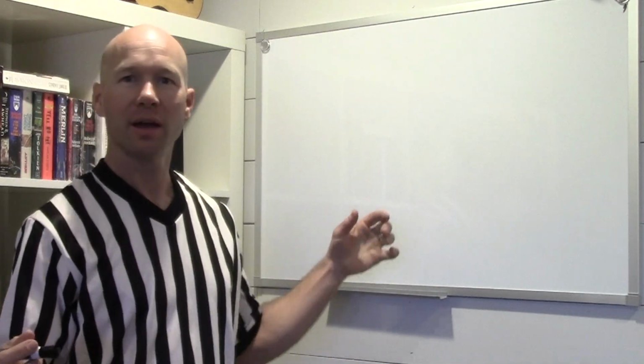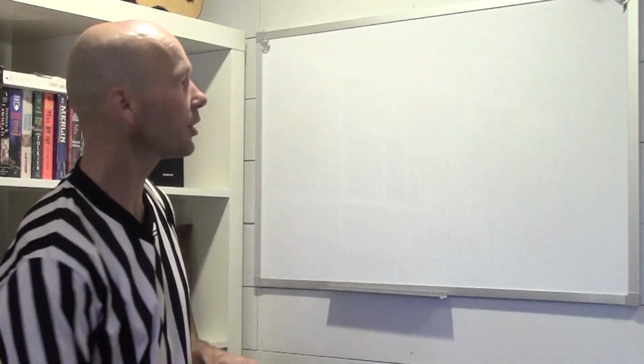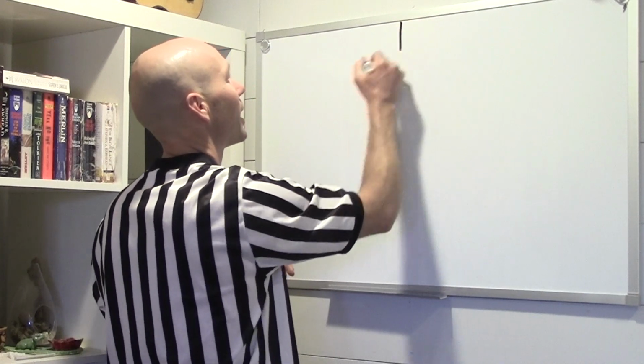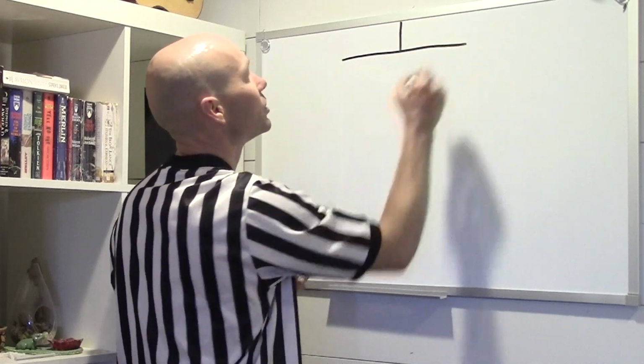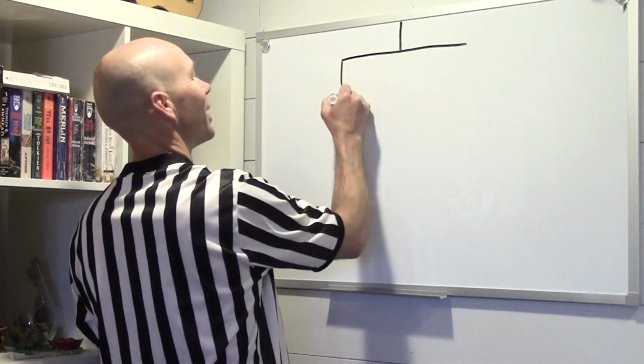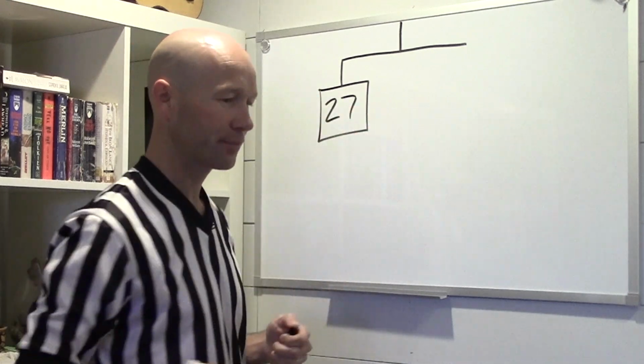All right, let's draw this another way. So we've done the scales, we've done the tape diagrams. Let's think about it as a hanger. So if I had a hanger, you just have this coming out of the sky. On this side of my hanger, I've got the number 27.